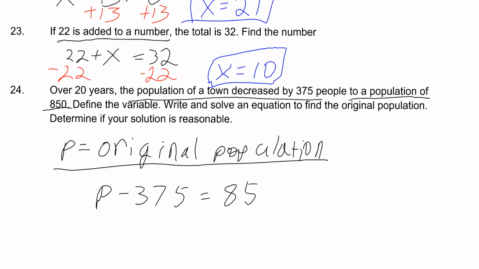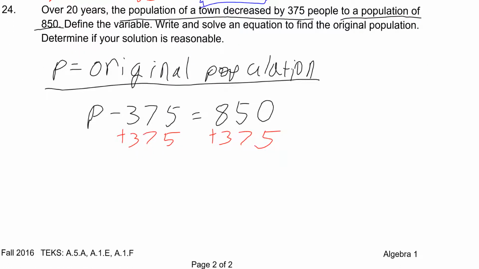Alright, now in order to solve this equation, we have to add 375 to both sides, and then that's going to leave us, it's going to be P equals 5, 12, carry the 1, 11, 12. 1225, 1,225 people originally.